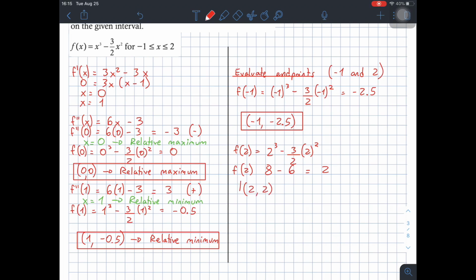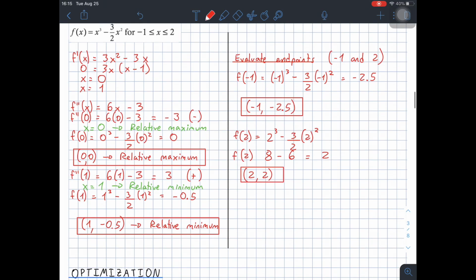So now we are going to compare the 4 points we calculated for this exercise, and we're going to conclude which one is absolute maximum and which one is absolute minimum. After comparing y coordinates, we conclude which one is, for example, the absolute minimum.